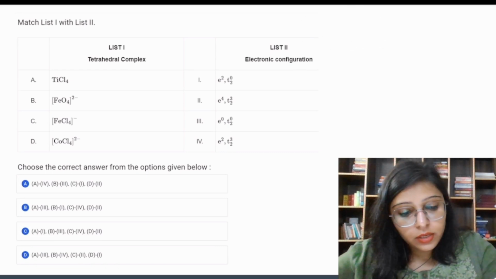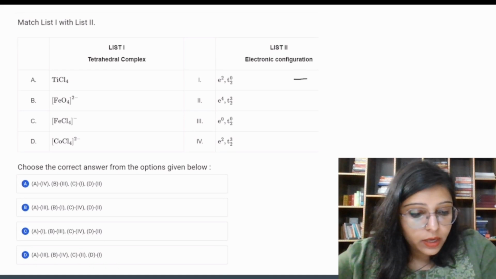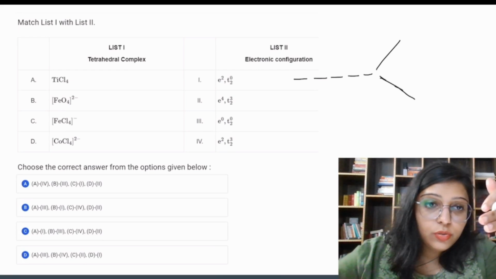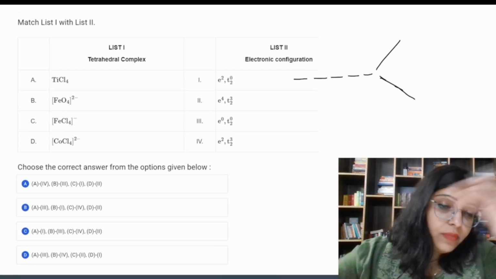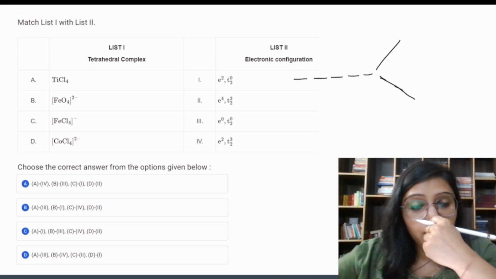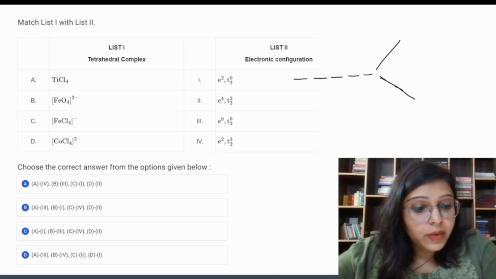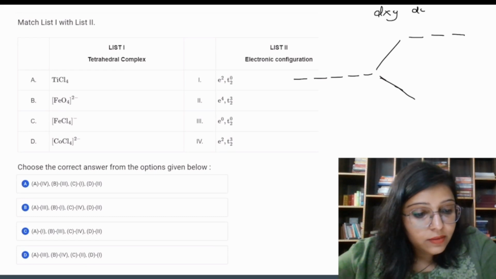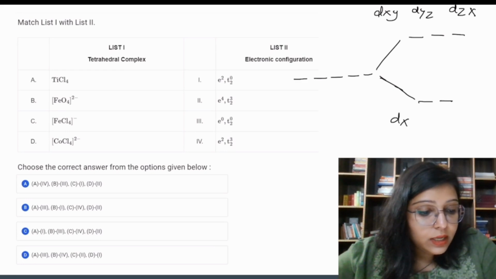Now in tetrahedral, ligands approach the metal through the plane. If they approach the metal through the plane, then we have more repulsion in the planar orbitals. So here the orbitals dxy, dyz and dzx have more energy in comparison to dx square y square and dz square.